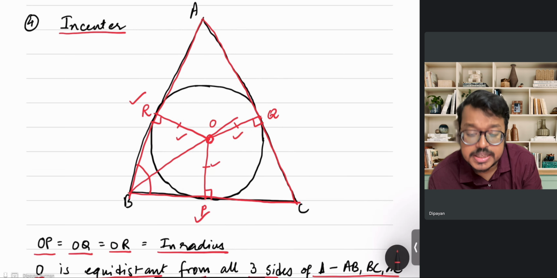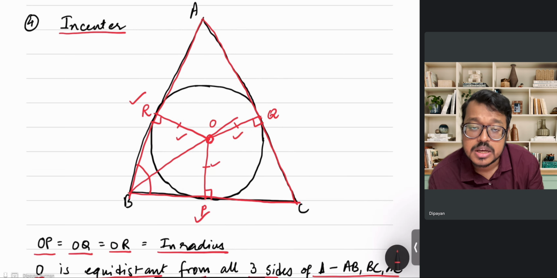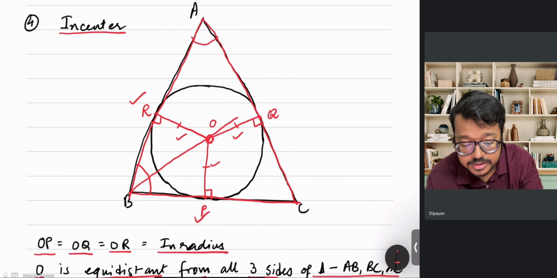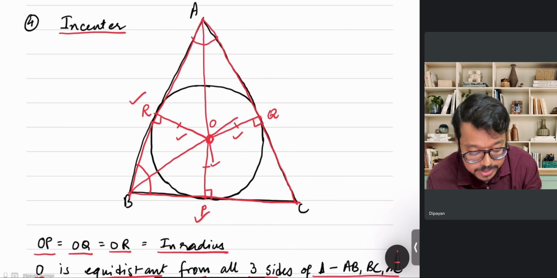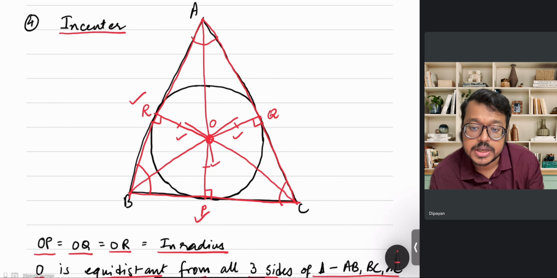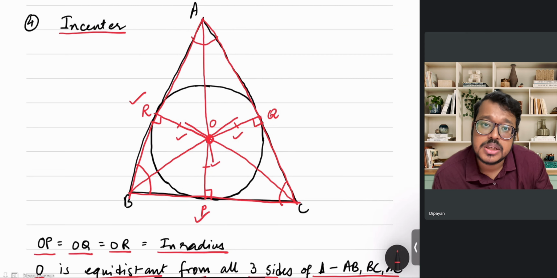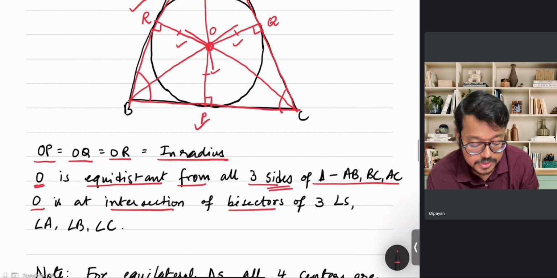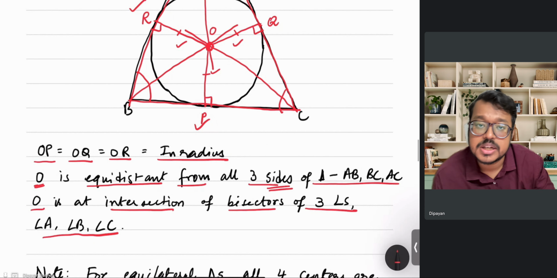Now O is equidistant from all three sides, so O should lie on the bisector of all three angles, angle A, angle B and angle C of this triangle. So if I draw the bisector of angle A and the bisector of angle C, point O, the incenter, lies on the intersection of all three angle bisectors, the bisectors of all three angles of the triangle.